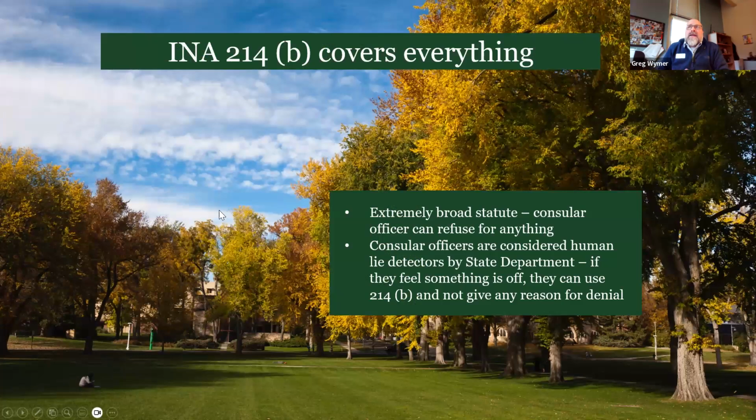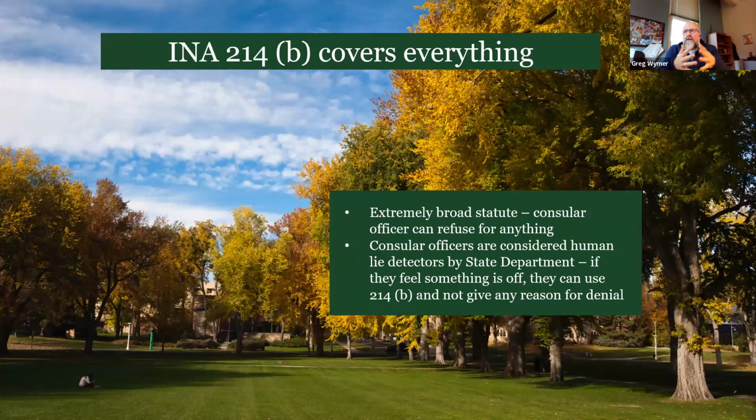Okay, so I mentioned INA 214B, and that covers everything. It's an extremely broad statute that a consulate officer can refuse a visa for anything. If they perceive anything to be kind of off or any of your answers to not be matching with the documents that you provided, or they just get this feel that you're not telling the truth, they can deny you for that.